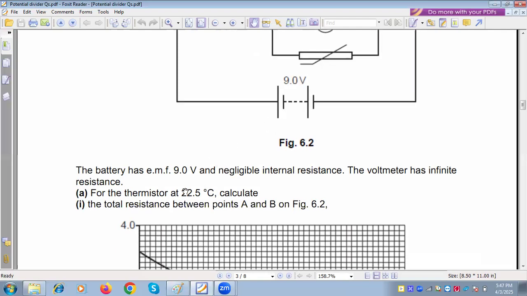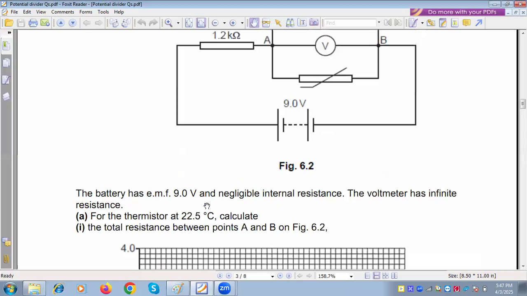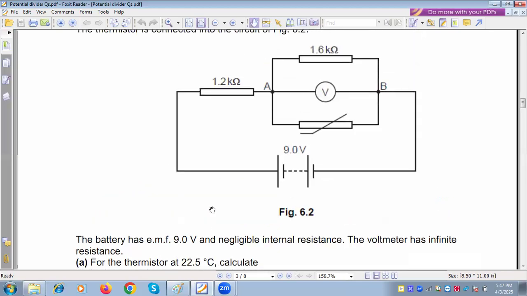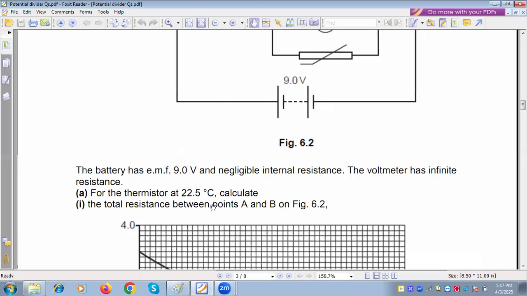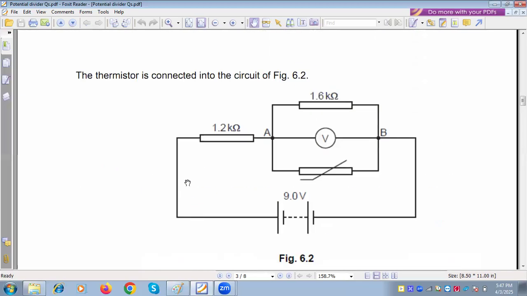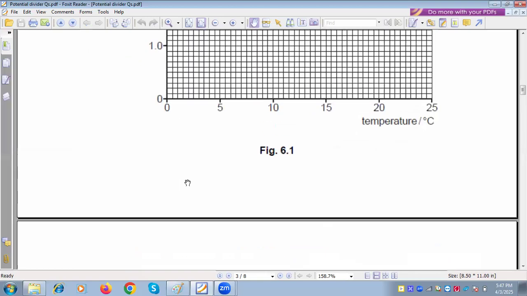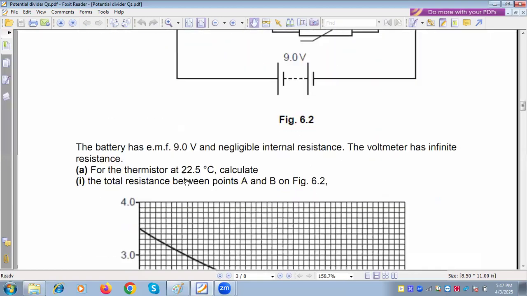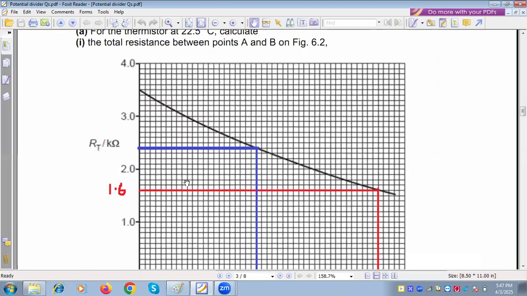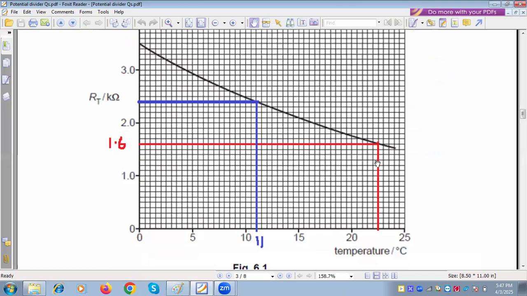So for the resistance of the thermistor at 22.5 degrees Celsius, calculate the total resistance between A and B. When the temperature is 22.5 degrees Celsius, what will be the resistance? We will check it from the graph. I've copied the graph again, and I've located the values also at 22.5 degrees Celsius. The red line shows that at temperature 22.5 the resistance is 1.6 kilo ohm.